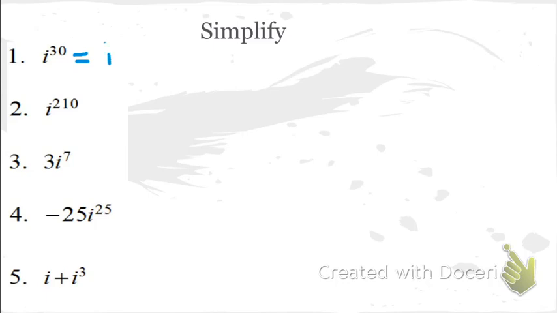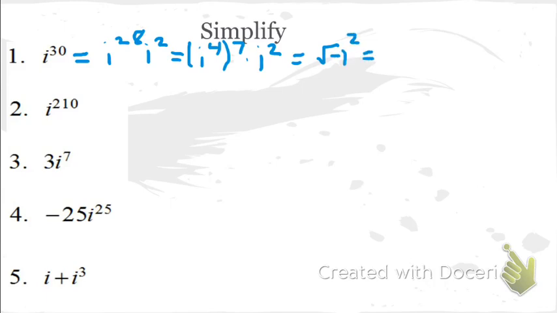You can break up i to the 30th as i to the 28th times i squared. i to the 28th is just i to the fourth 7 times, so we know that part's going to equal 1. 1 times anything is itself, so that's just going to equal i squared, because 4 times 7 is 28 plus 2 is 30. And we know i squared, since i is equal to the square root of -1, is going to equal -1. So i to the 30th power is just -1.